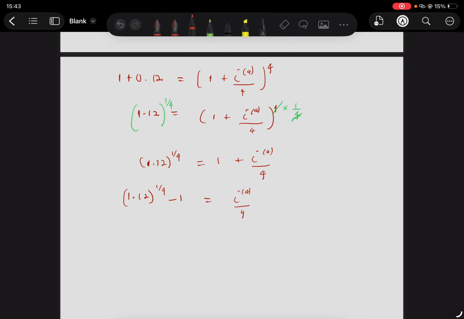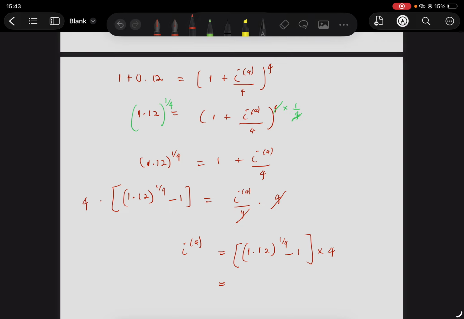And I'm looking for i4. I'll multiply both sides by 4. Multiply this whole by 4. What you do on the left, you must do on the right. This 4 cancels that 4. So i4 is essentially given by (1.12 to the power 1 over 4 minus 1), all of this multiplied by 4.